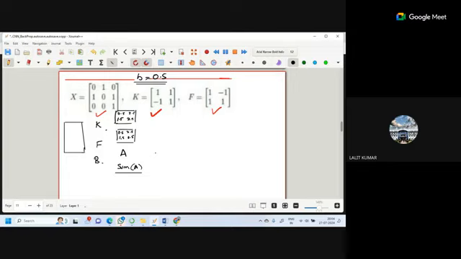Here, both have participated again. Here, 1.5. This was wrong. This is 1.5.